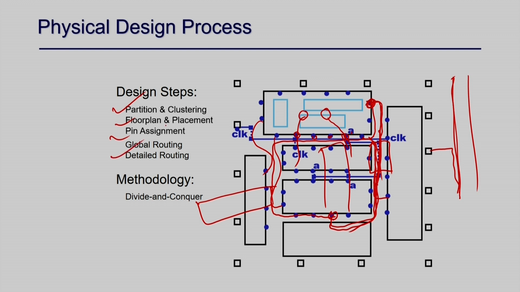So, you understand the basic essence of this whole process: you break your big design into multiple components, which is partitioning, and then you decide for each component the exact area, and how to place them optimally so that your interconnection cost will be less.